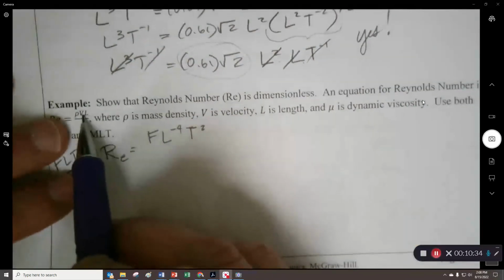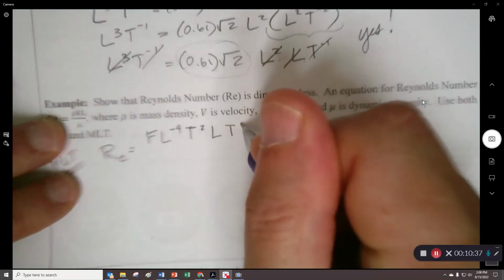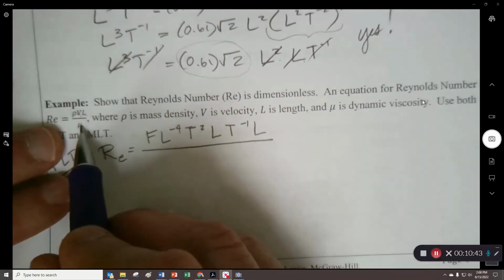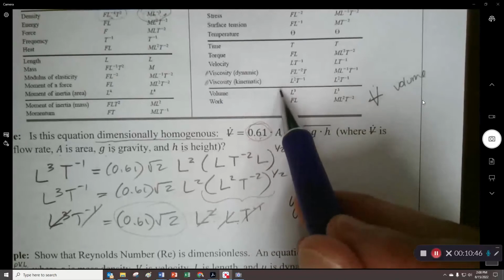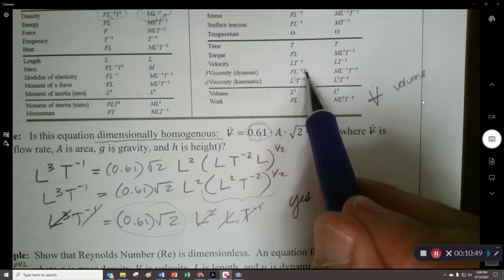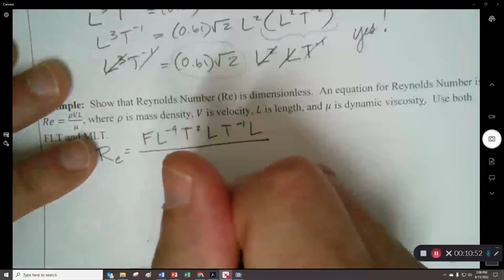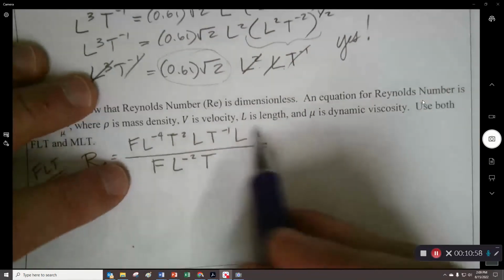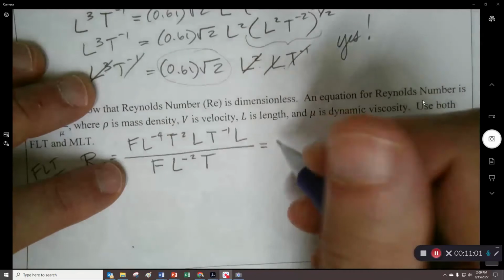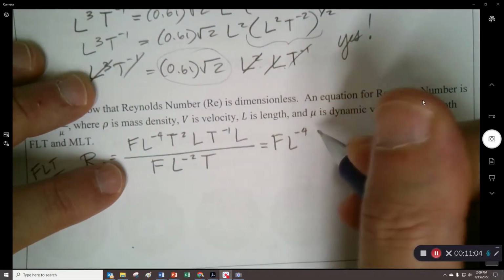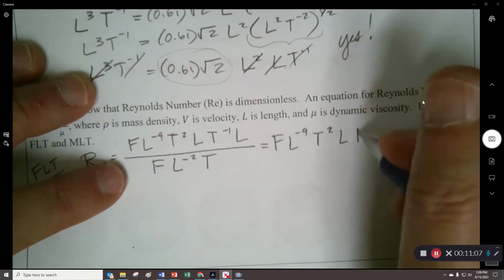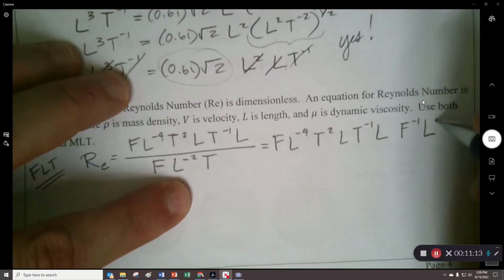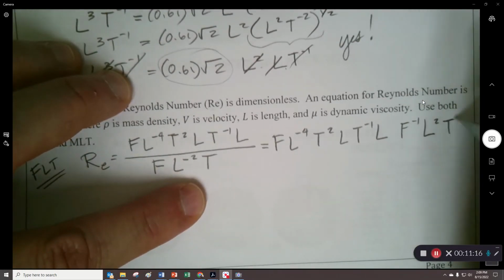And then times velocity, so that's length time minus 1, times length, all divided by dynamic viscosity, which we have to look up right here, and that's F L minus 2 T. I find that putting them on the same line together helps me establish this. I'll go F L minus 4 T squared, L T minus 1, L, and then F minus 1, L squared, and then T minus 1.